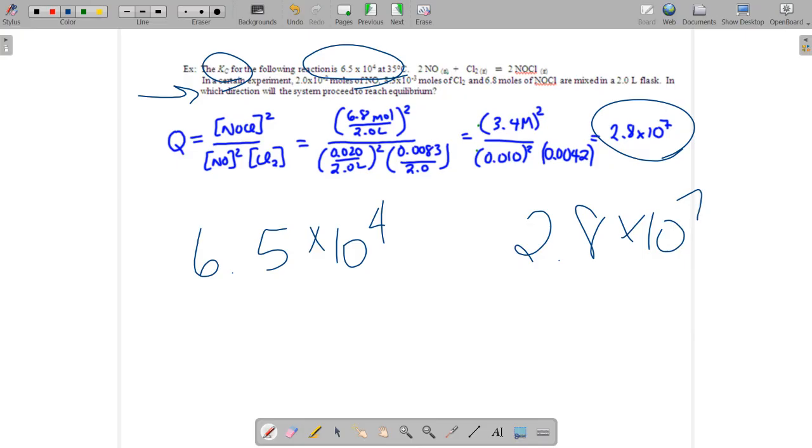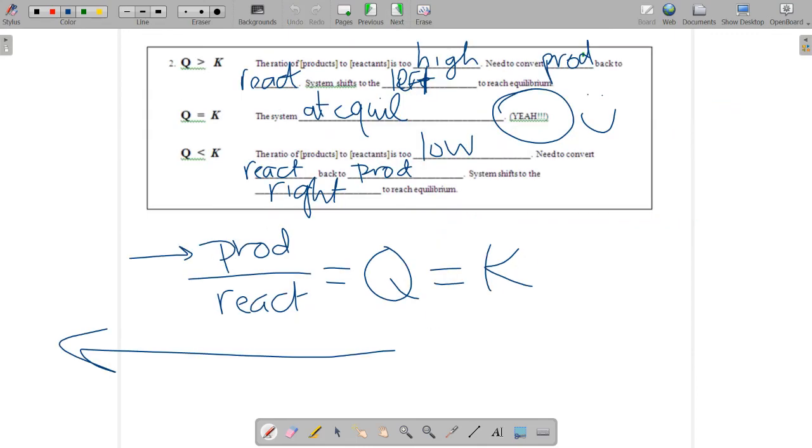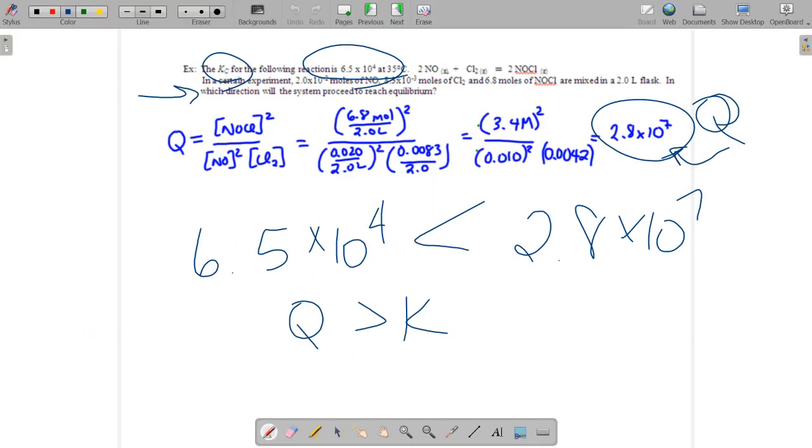And in this case, our Q is actually greater than our K. Going back to our table, if Q is greater than K, we have too many products, not enough reactants. It is going to shift this reaction back to the left. So you should have gotten that this is going to shift to the left to make more reactants.